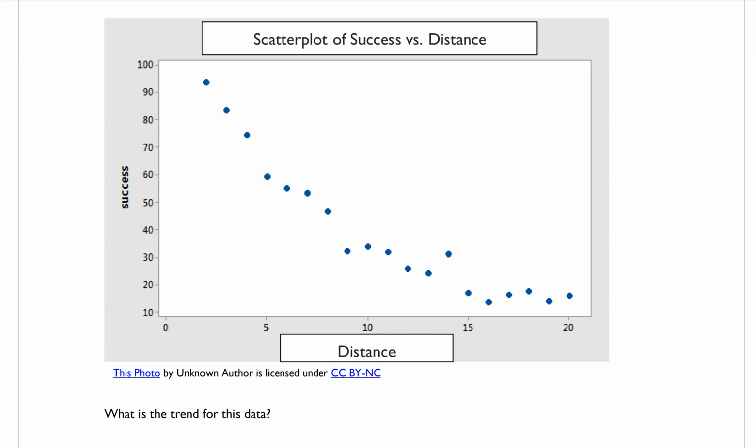For this next scatter plot, we are looking at the horizontal axis representing distance, while the vertical axis represents success. Now, it's not quite clear what kind of success we're talking about. Maybe it's the distance that a student lives away from school, which might make sense if we tried to reason it out.